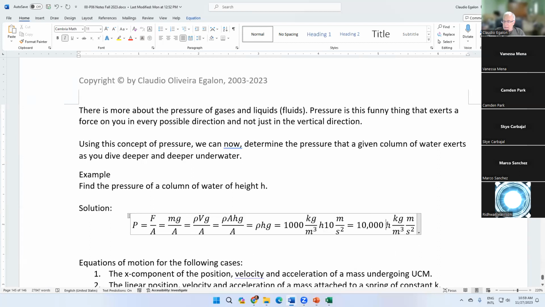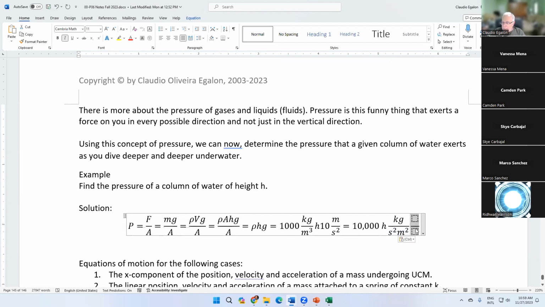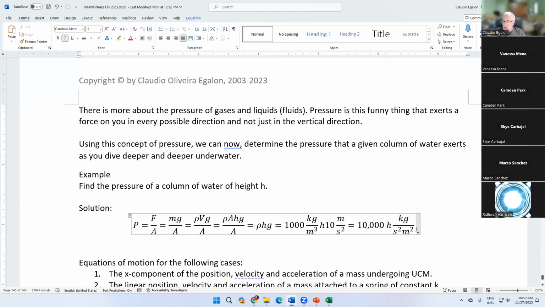So the pressure increases linearly with the depth. And I can also start to cancel, right? This meter cancels out with this meter cubed. Okay, the second squared gets like that. Let's not forget that we still have a unit of meter right there in H. Okay, if we multiply, let's go back to what we had before, right?